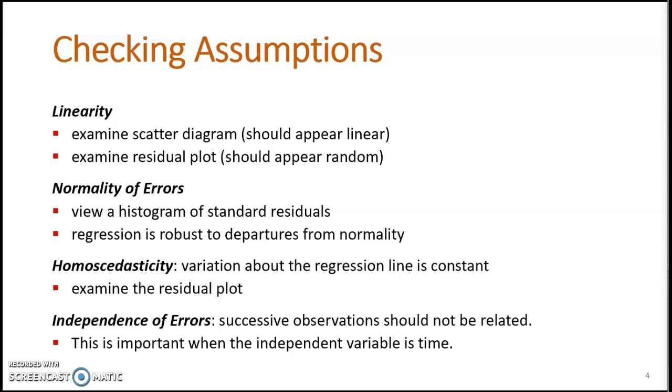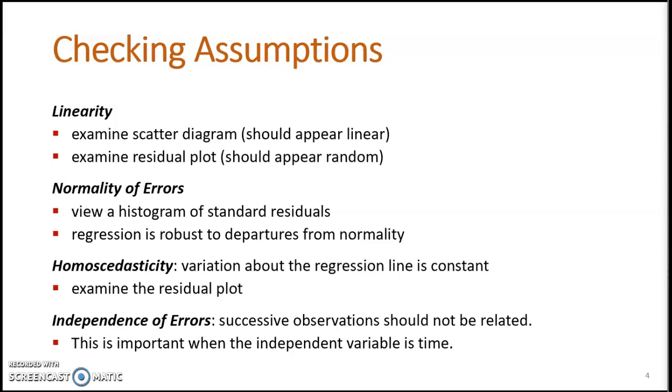Second assumption, normality of errors. Regression analysis assumes that the errors for each individual value of x are normally distributed, with a mean of 0. This can be verified by examining the histogram of standard residuals and inspecting for a bell-shaped distribution, or by using more formal goodness of fit tests.